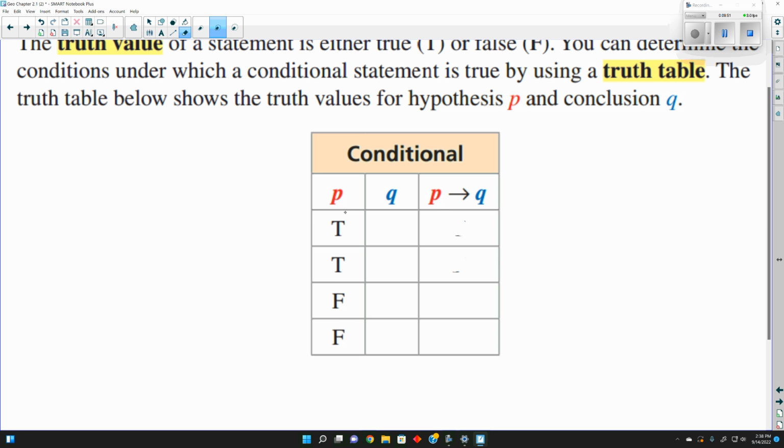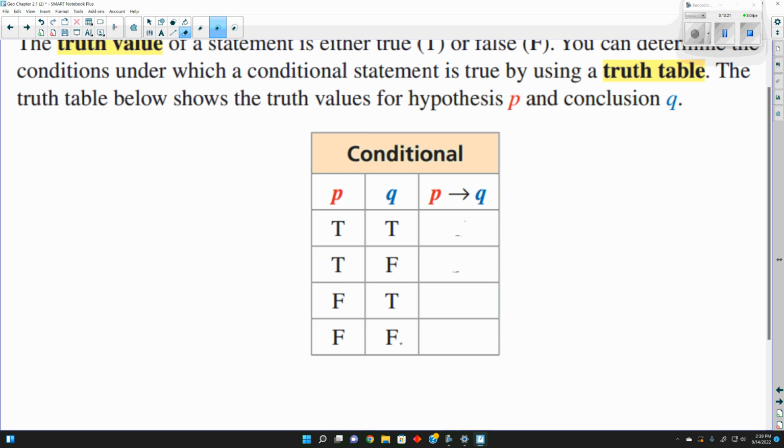It can either be true or false, because our first part, our hypothesis, can be true or it can be false. Now the conclusion could be true or false. So any combination of true and false that we can have with our hypothesis and conclusion, P and Q, can be given as this here. So we could have true and true, true and false, false and true, or false and false.